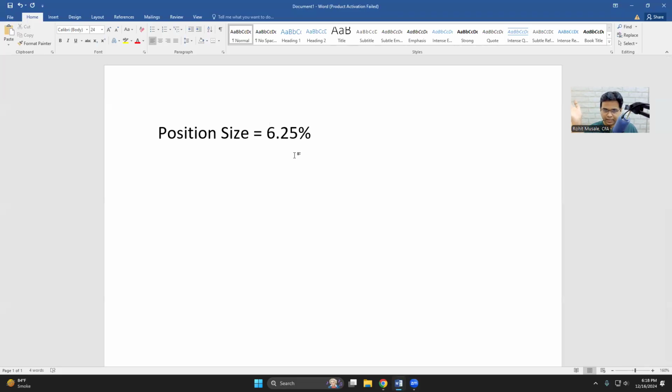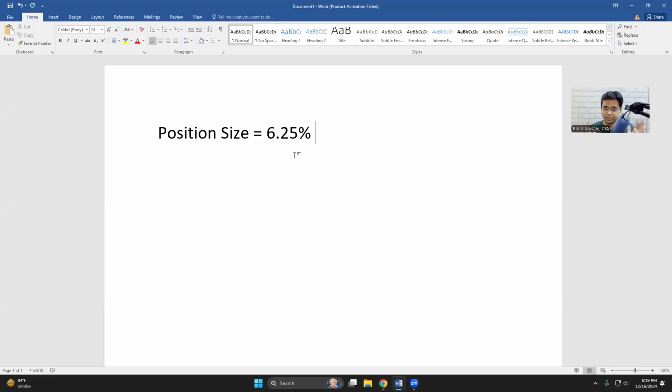Or if you are in India, you have, let's say, a 1 lakh rupees portfolio, 100,000. Again, you will choose to invest 6,250 rupees in a particular stock. In that much amount, whatever shares you can get, you have to buy those shares. The total amount of investment should not exceed 6,250 per lakh at a 6.25% position size.